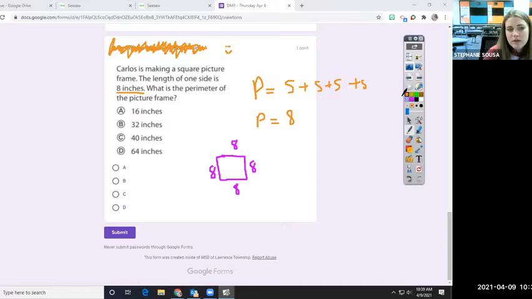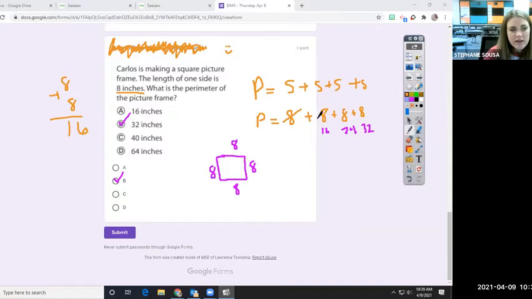So our perimeter is going to be 8 plus 8 plus 8 plus 8. Ready? You got 8, 16, 24, 32. 32 inches, B.